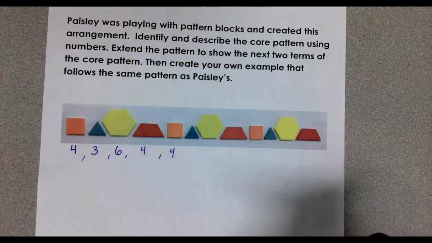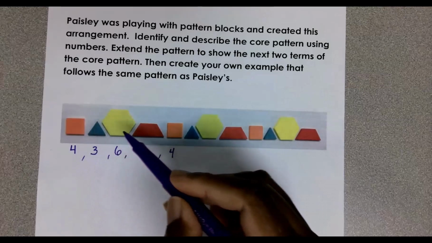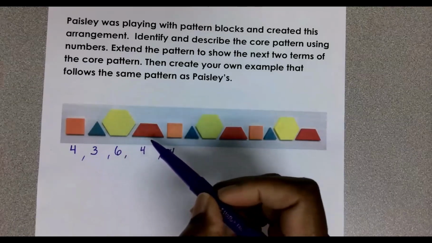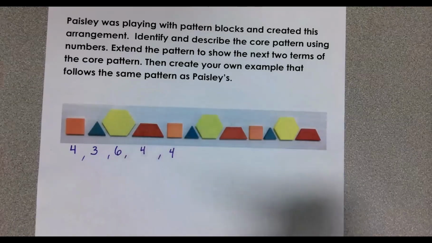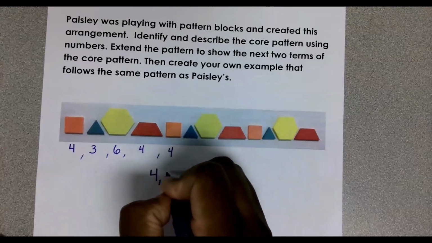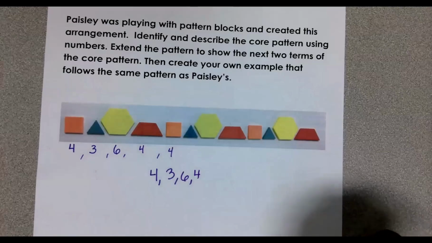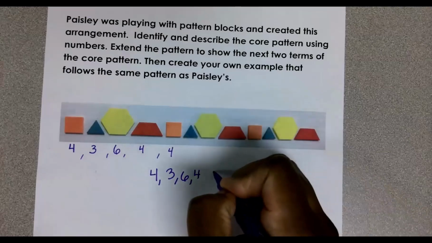I can see in this arrangement that the elements that repeat are a square, a triangle, a hexagon, and a trapezoid. If I describe the pattern using the number of sides, these elements create a numerical pattern of 4, 3, 6, and 4. Therefore, 4, 3, 6, 4 makes up the core pattern.